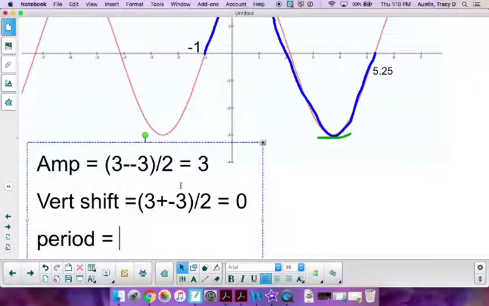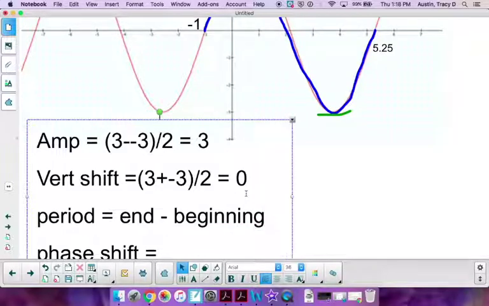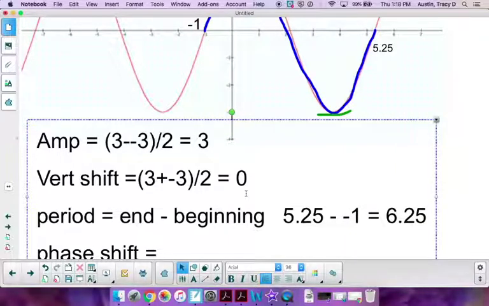If it starts at -1 and goes all the way to 5.25, how many units would that be? You can do end minus beginning to find your period. In this case, it would be 5.25 minus -1, which gives me a period of 6.25.